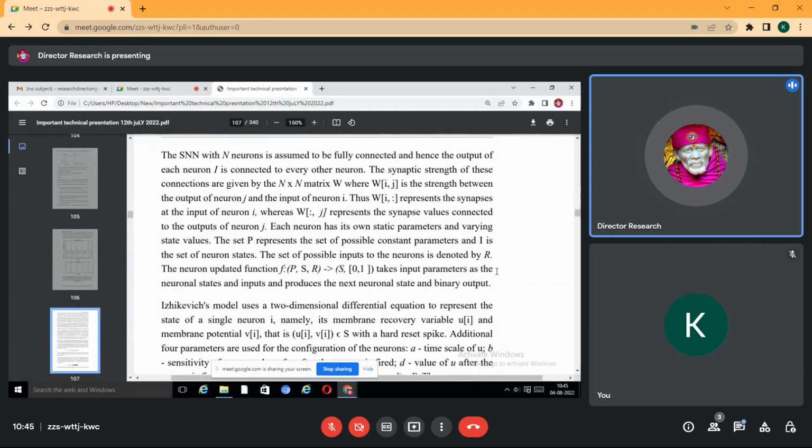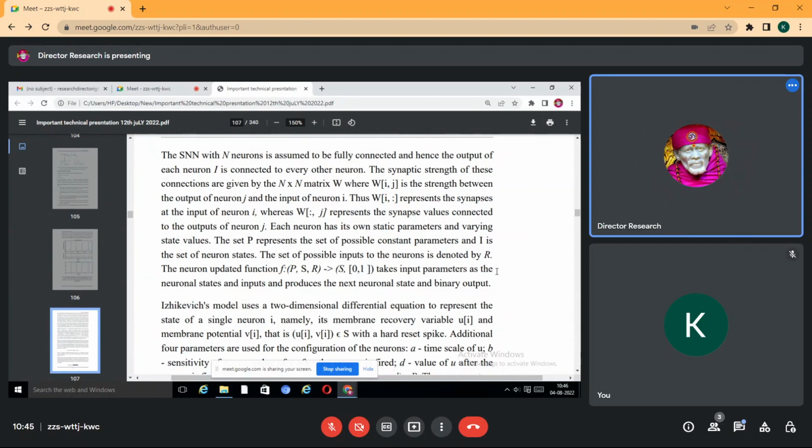Each neuron i is connected to every other neuron. The synaptic strength of these connections is given by an n by n matrix, where Wi,j is the strength between the output of neuron j and the input of neuron i.